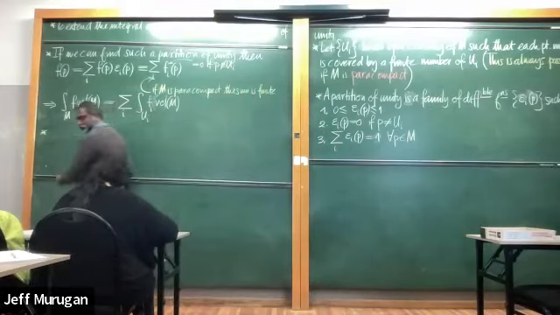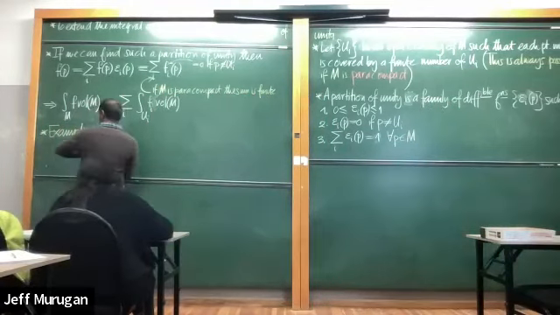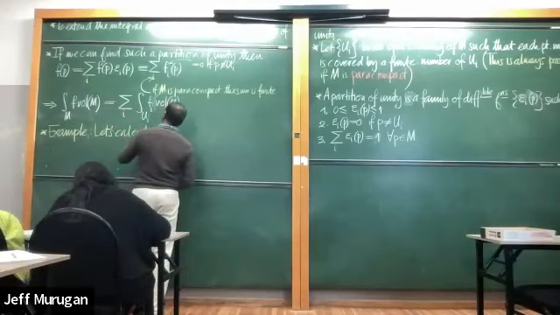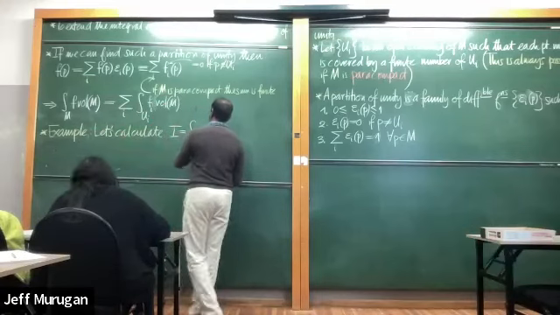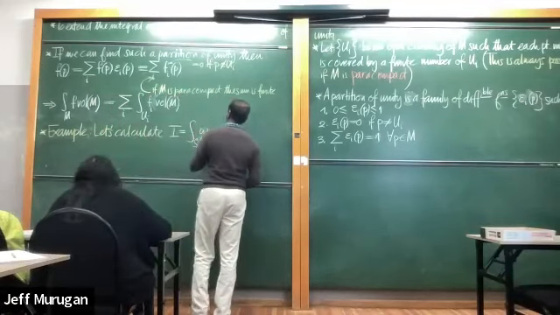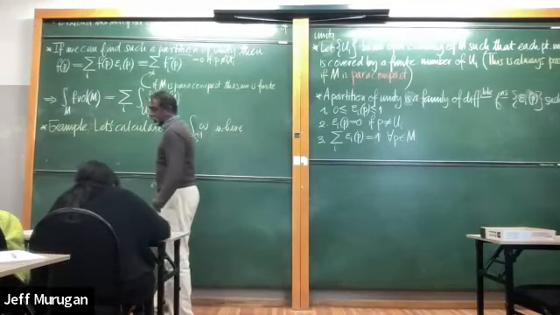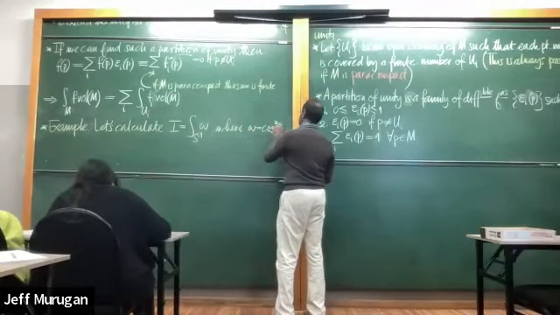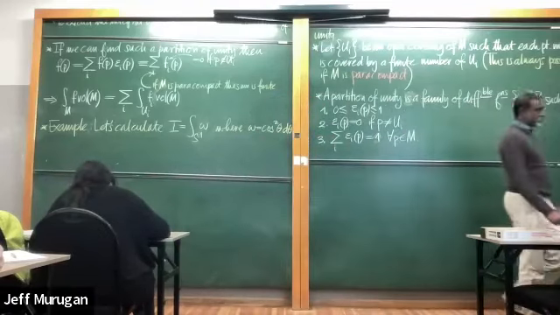Suppose I want to calculate the integral over S1, the unit circle, of omega, where omega is cos squared theta.